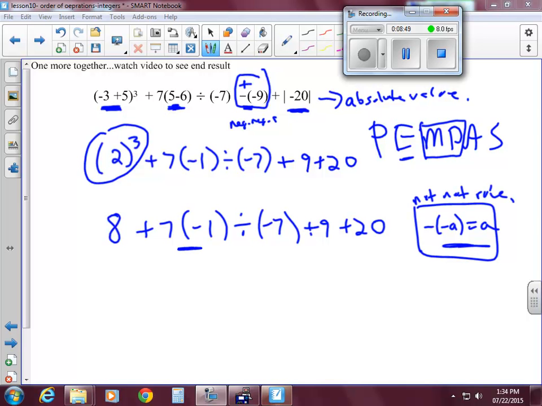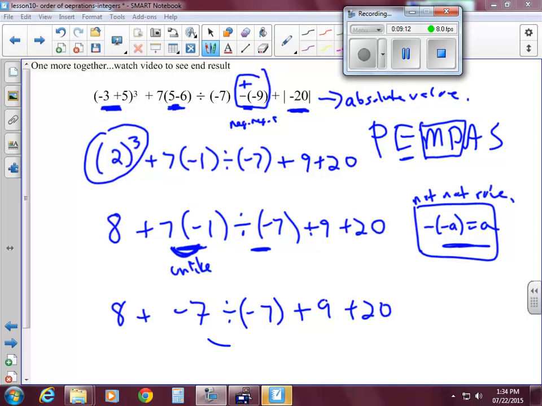So these two are multiplied with each other, and then eventually we have division. So 7 times negative 1, well, those are unlike signs. I'm even going to write here unlike signs, so it's going to be negative 7. Record everything. So 8 plus negative 7 divided by negative 7 plus 9 plus 20.